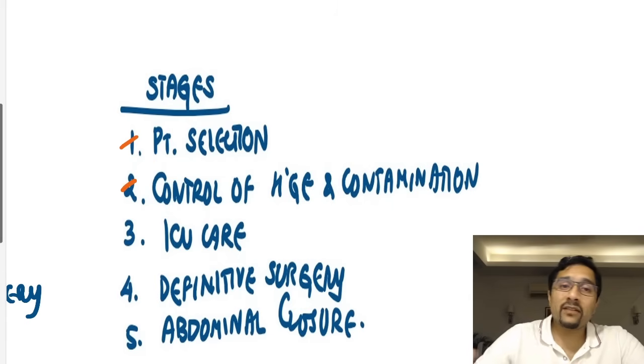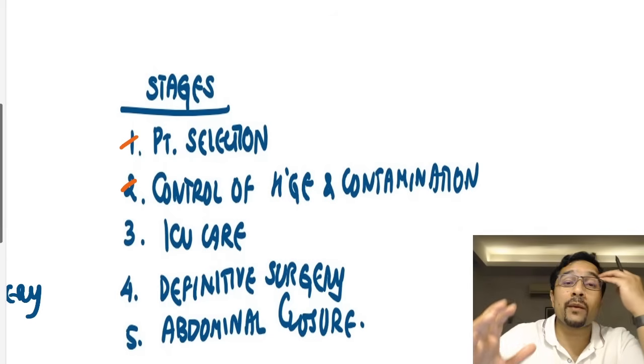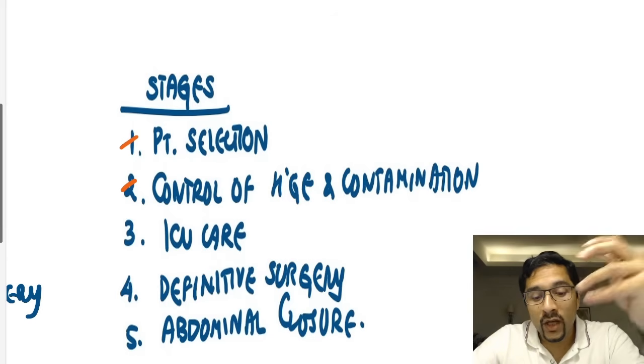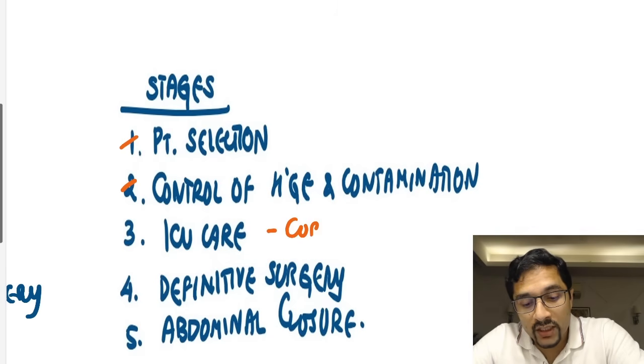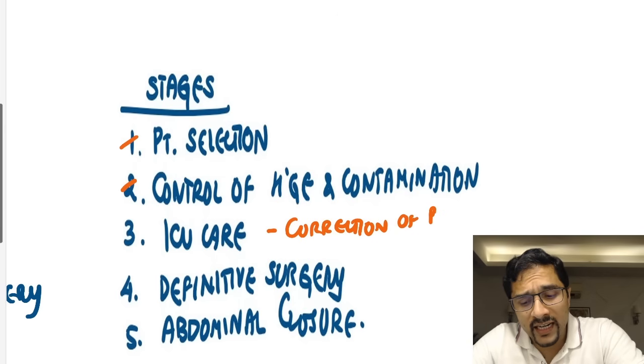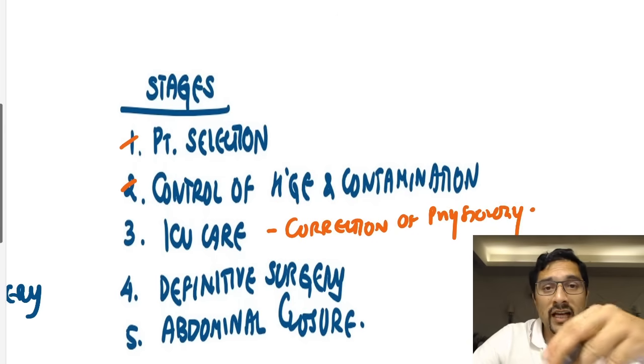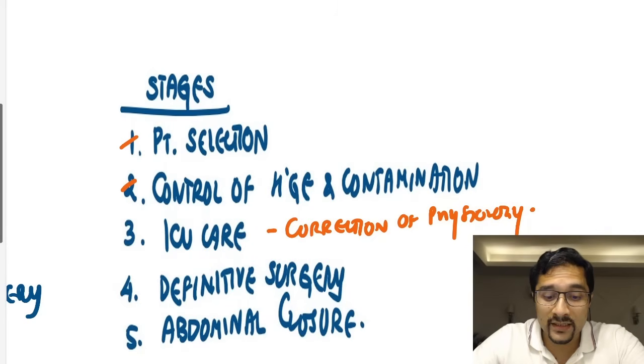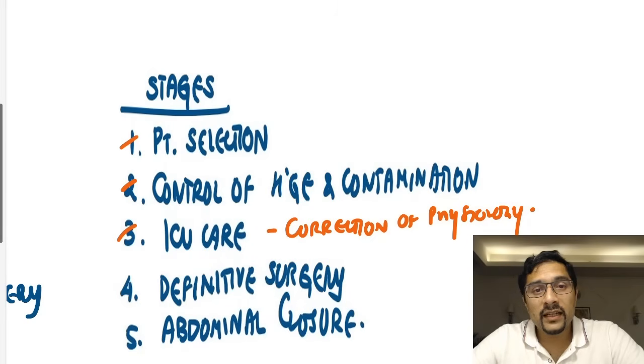Then we do temporary closure of the abdomen and shift the patient to the ICU for correction of physiology, for the correction of the triad. What is the triad? The lethal triad is coagulopathy, hypothermia, and acidosis. So ICU care, then definitive surgery has to be done, and then closure has to be done.